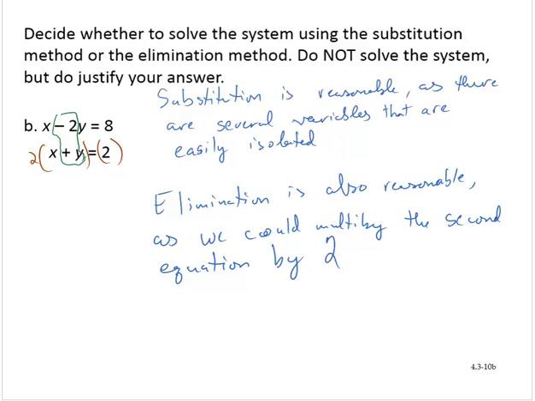Because there's already a negative 2y in the first equation, if I multiply it through by 2, that would give me a positive 2y in the second equation. So elimination is also reasonable, as we could multiply the second equation by 2 to provide an elimination on y.